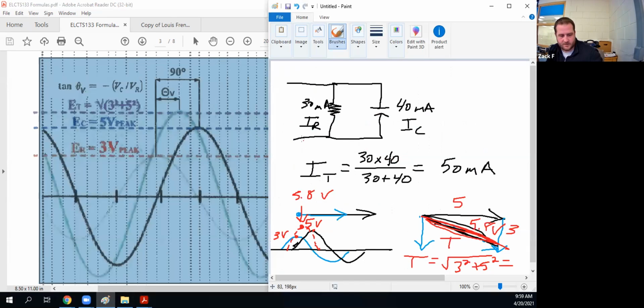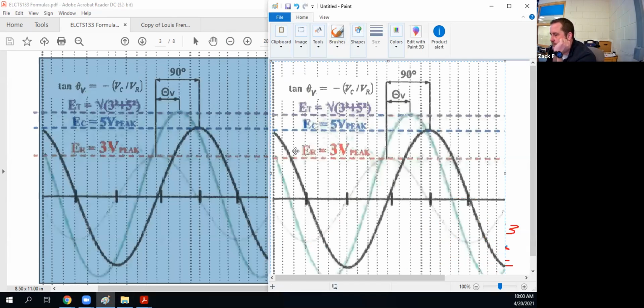So the left and right side of the screen are the same thing. That's weird that I picked the same numbers, 3 and 5.